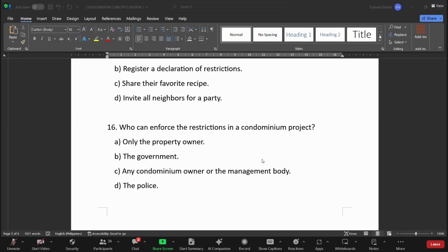C, any condominium owner or the management body. D, the police.